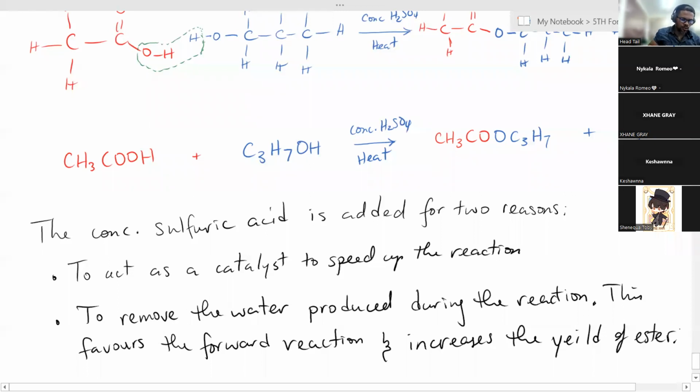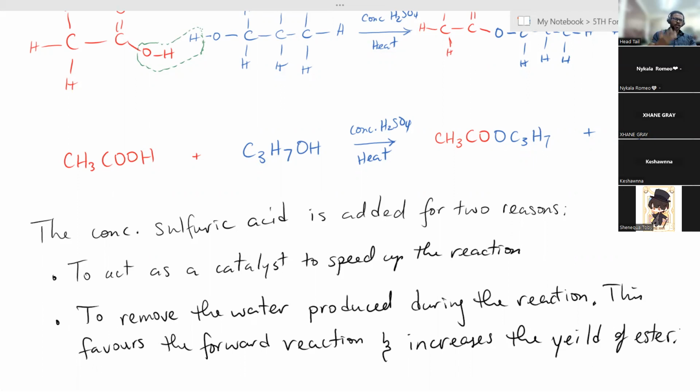All right, so one thing to note here is what the acid is used for. It is used as a catalyst and is used to draw out the water from the reaction and to favor the reaction now going to the right side.